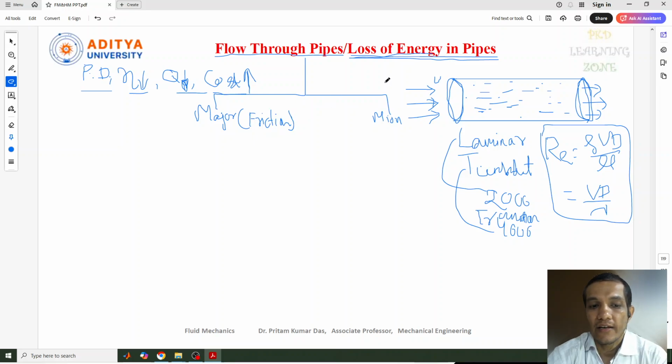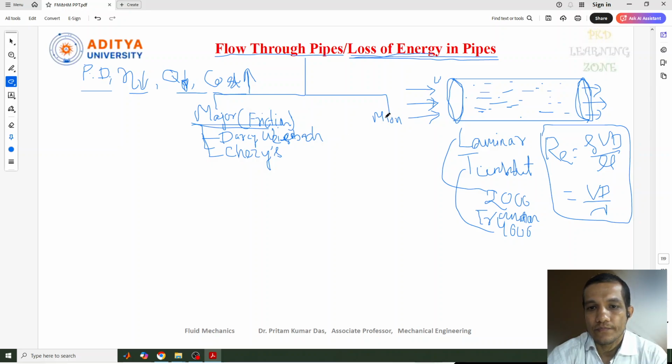We can calculate the major loss with the help of the Darcy-Weisbach equation, which we have already discussed. Another one is Chezy's formula, or Chezy's equation. By these, we can calculate the major loss in the pipe.